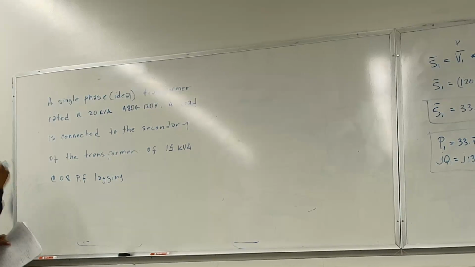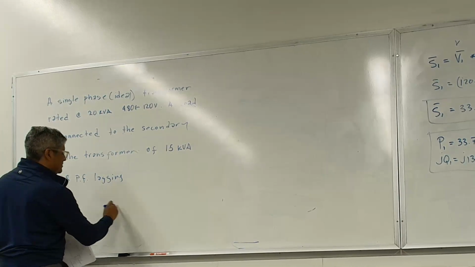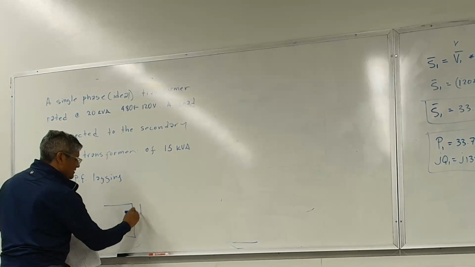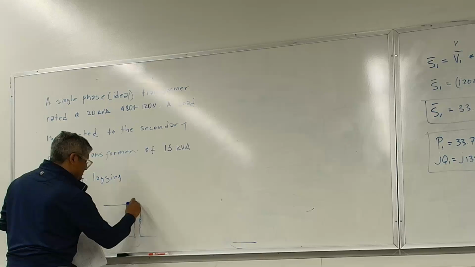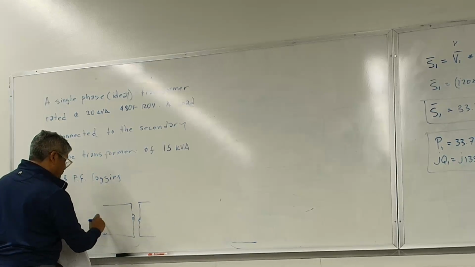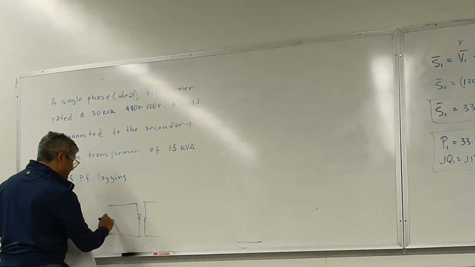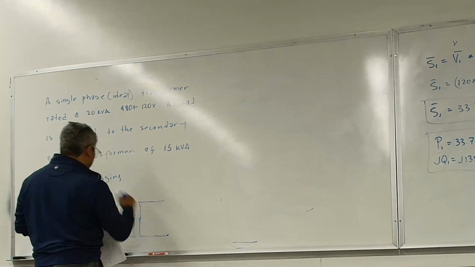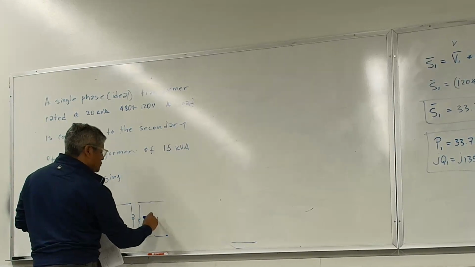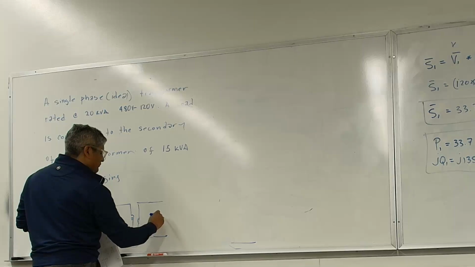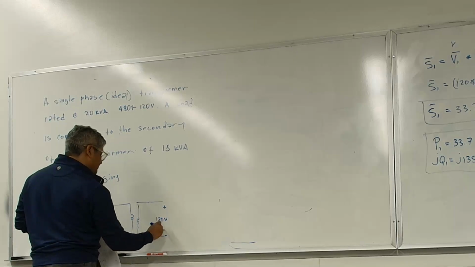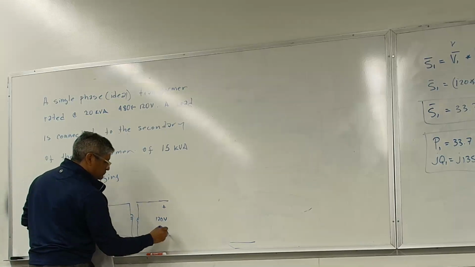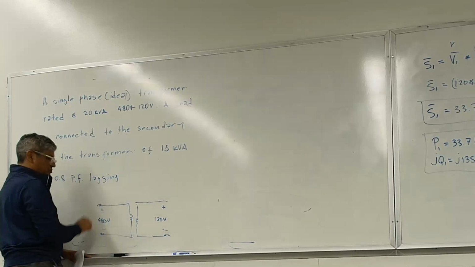Okay, so basically what they're telling us is this. You have a transformer that is ideal. It says that the primary voltage rating is 480 volts, plus minus. The secondary rating of the transformer is 120 volts, plus minus. So you can think of this right here once again, this is your transformer.